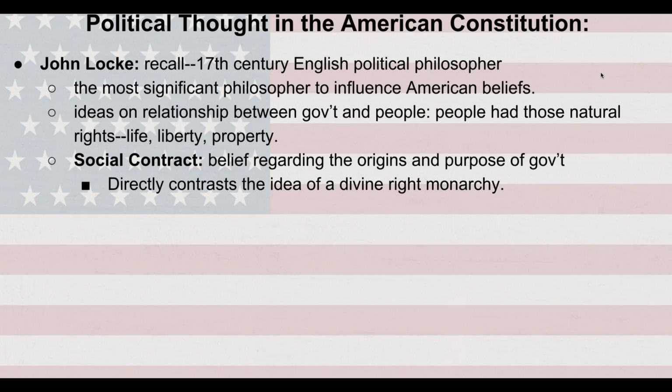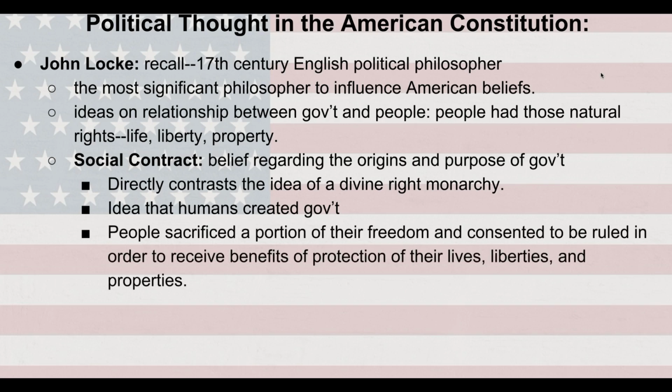And the social contract is going to deviate from this thought. It's the idea that humans were the creators of government, not God. And they were made out of necessity. They're going to be made because people need to be protected. Their inalienable or natural rights are going to need to be protected.